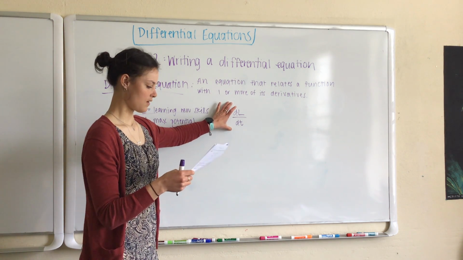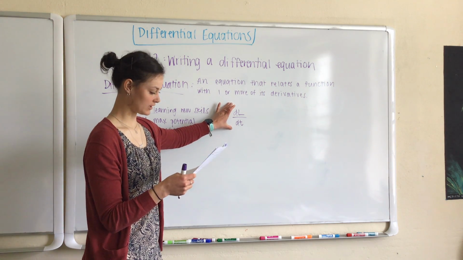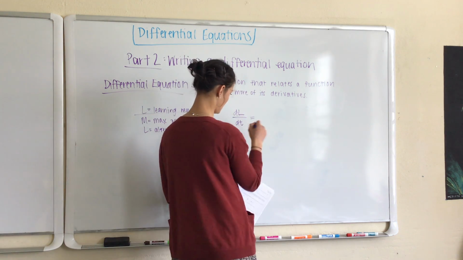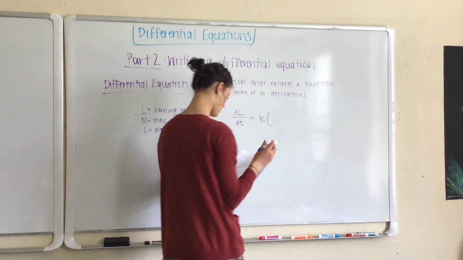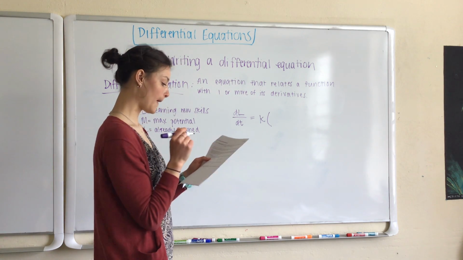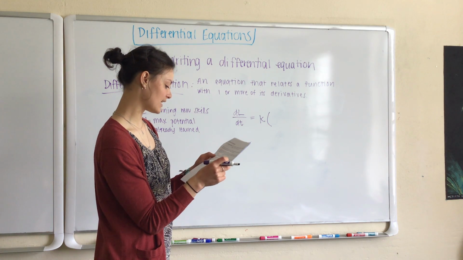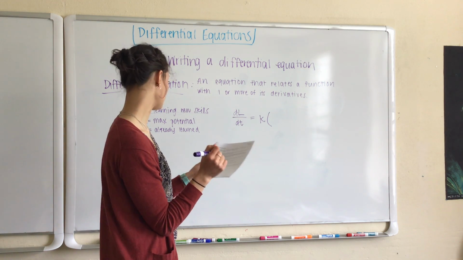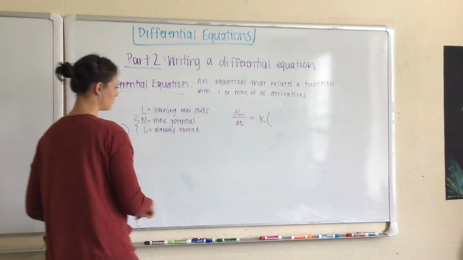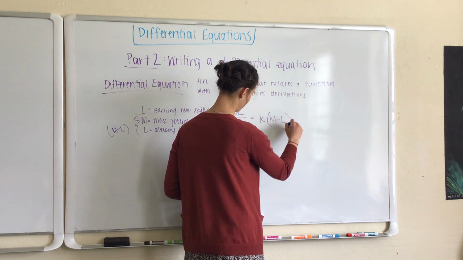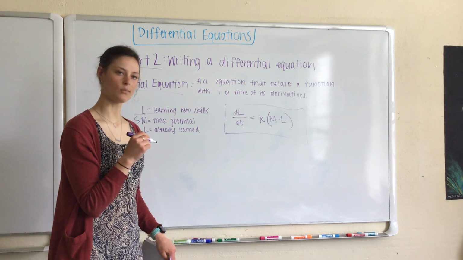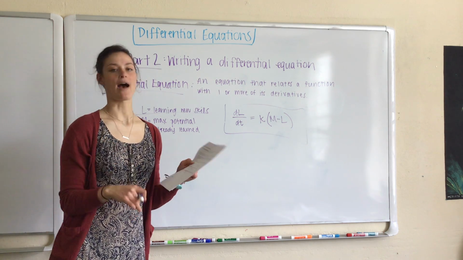So the learning rate for new skills is directly proportional to the difference between the maximum potential for learning that skill, which is M, and the amount of skill already learned. So the difference between M and L, which we can write as M minus L. So, there is how we write number 1 in terms of math.